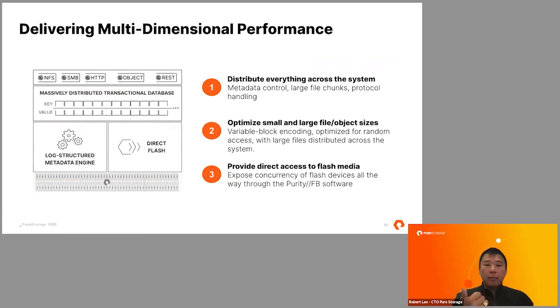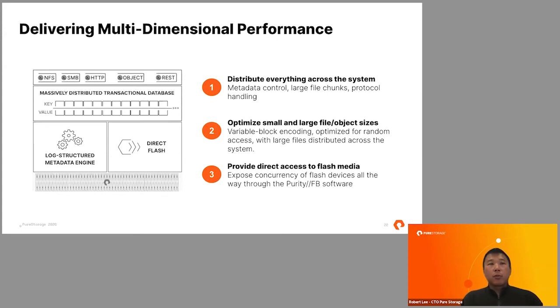Well, number one, it allows us to distribute everything very evenly, control the system into lots of different compute cores, and minimize the cost of doing that. It also gives us a very nice way to optimize our data layouts without trading away efficiency. And this is something that historically, other scale-out systems have had to trade away.